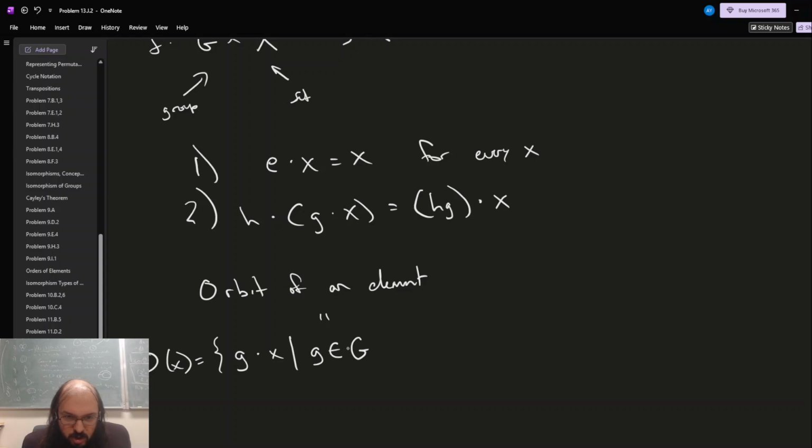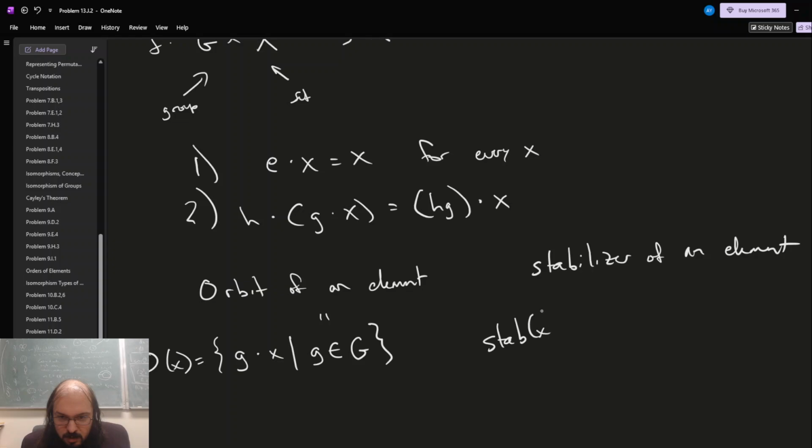It looks like a little G. And we can speak of the stabilizer of an element, which is usually called stab X, which is the set of G in G such that G dot X equals X.